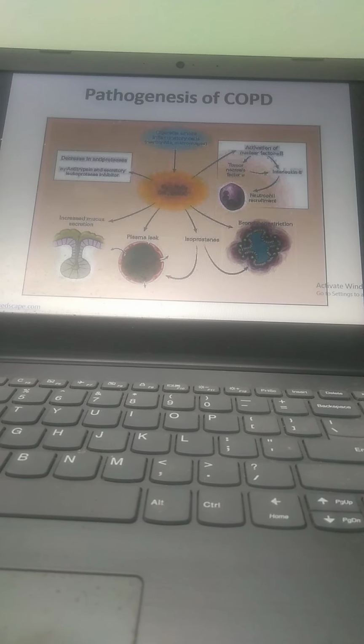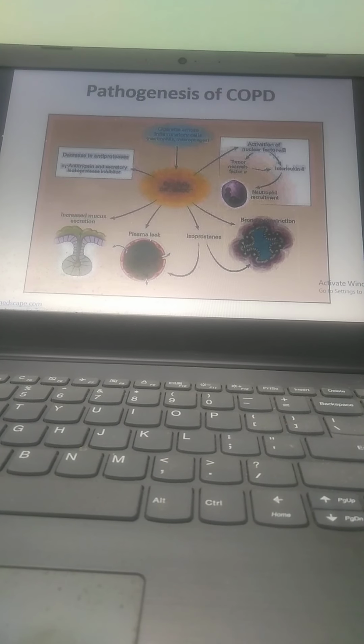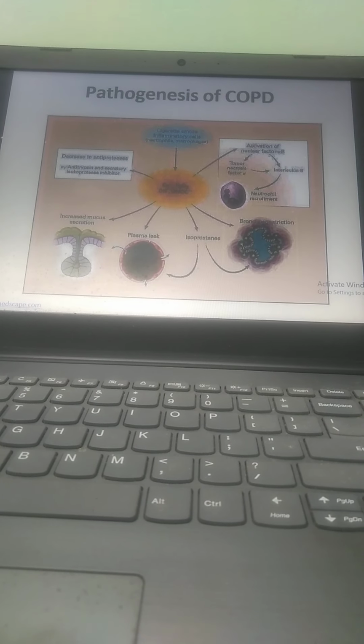So we can see the cause of COPD is cigarette smoking. Smoking is the most prevalent in this part of the country, and people in the cold areas go for cigarette smoking and they go for hookah. Because of the neutrophils and macrophages, this is an oxidative, free radical mechanism, and there is a decrease in anti-proteases, alpha-1 antitrypsin and secretory leukoprotease inhibitors.